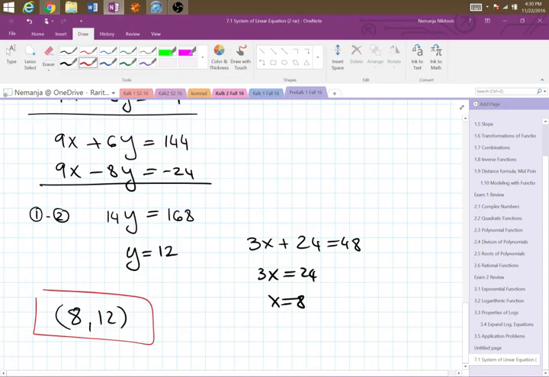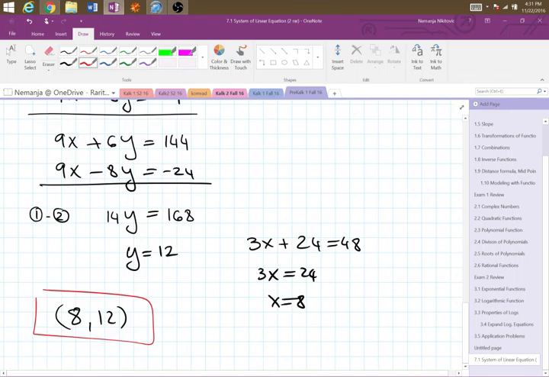Remember, we have 3 cases. A solution, which is what we had in the 3 examples, or no solution when the lines are parallel. Every time there is no solution, the calculations will give you a mathematical fallacy, which is 7 equals 9 or 1 is equal to -3. They will give you something weird like that.